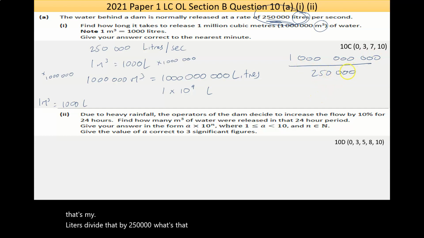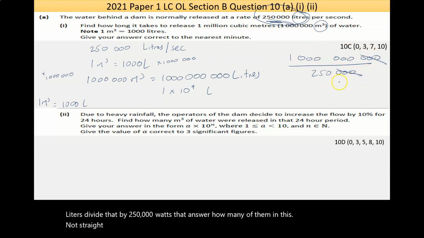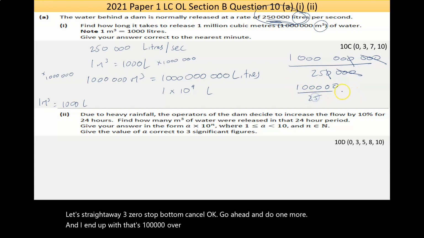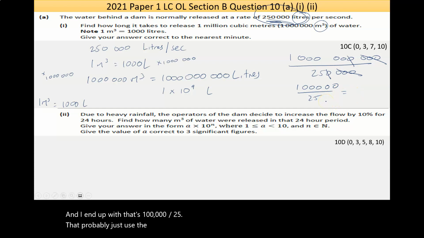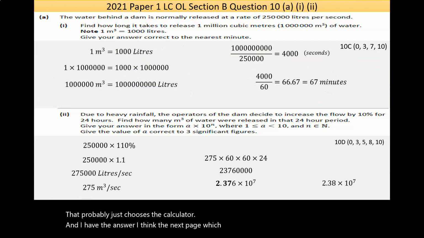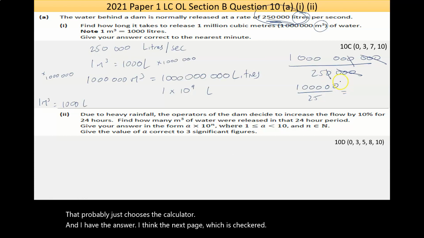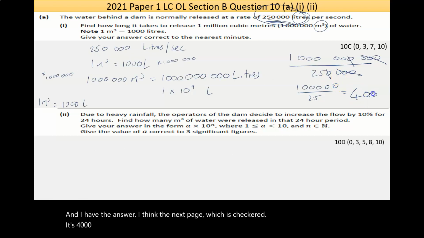How many of them in this? Now straight away, 3 zeros top and bottom cancel. I could go ahead and do one more, and I end up with 100,000 over 25. Now I probably should just use the calculator. And I have the answer on the next page, let's check it. Oh, it's 4,000 seconds.